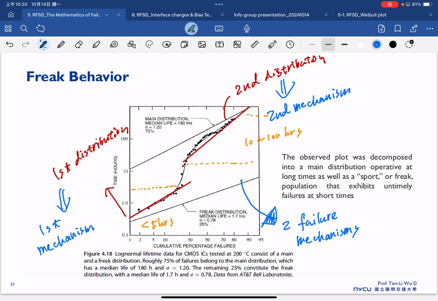That's the important implication coming from this distribution data set, because it gives us a hint that we have to be aware that below a certain criterion, for example in this case below 5 hours, we have one mechanism. And beyond, from 10 to 100 hours, we have another mechanism.